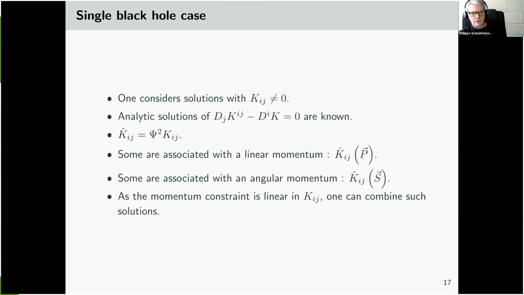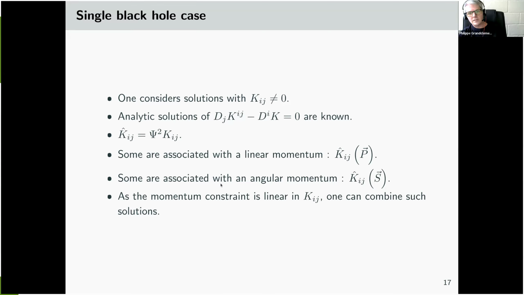If you consider first a single black hole, the momentum constraint equation takes this form here, and as it's a relatively simple equation, all the solutions to that equation are known, and they are analytic, and they have been classified and shown. Essentially, they can be split into two parts. There are some solutions that contain a linear momentum, so we think they're going to describe a moving black hole.